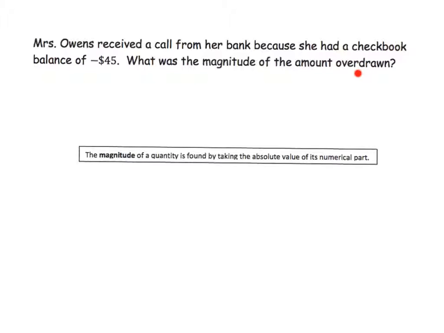So what it's asking is, how much overdrawn is she? She is $45 in the hole. So we just took the absolute value of that, and that's the magnitude. So she's $45 in the hole, or you could say she's overdrawn by $45.